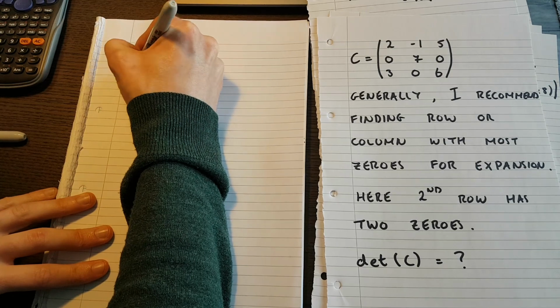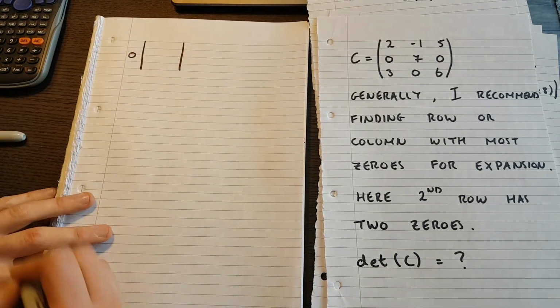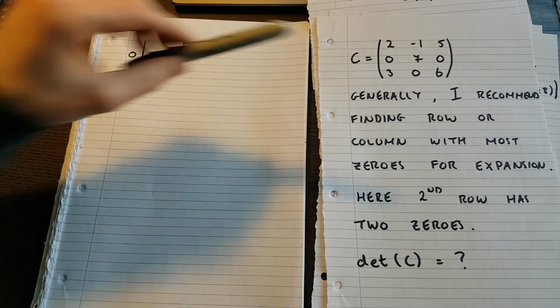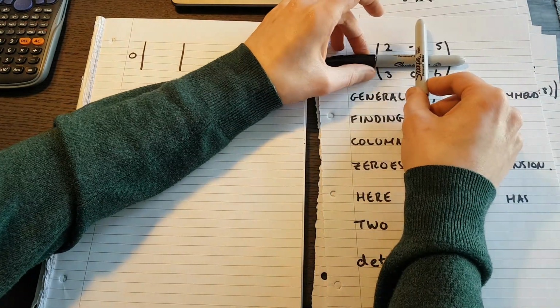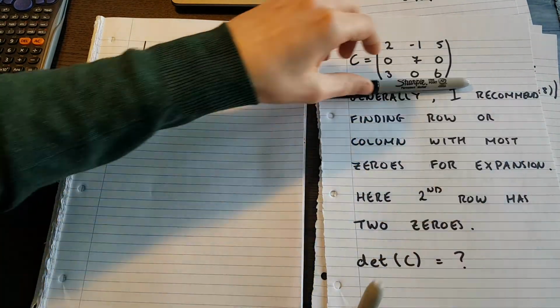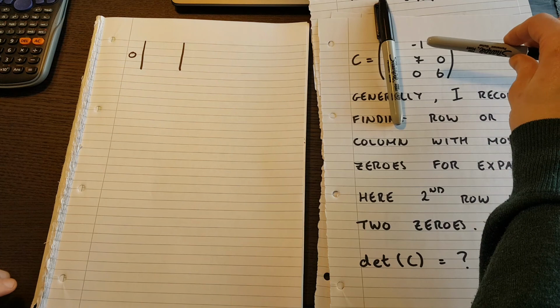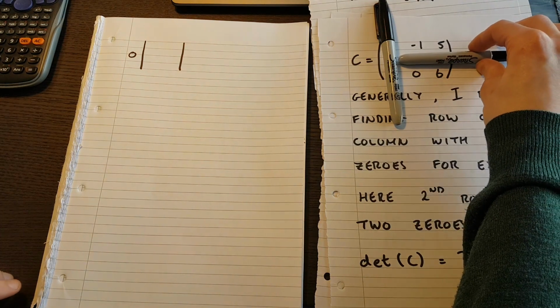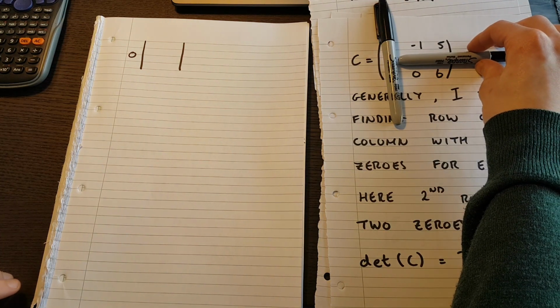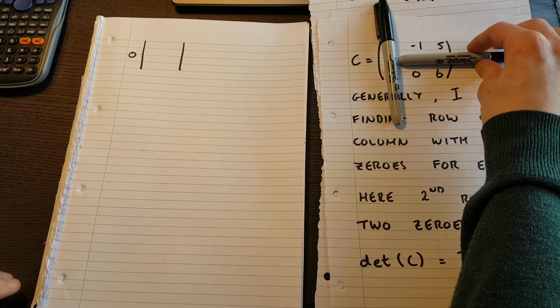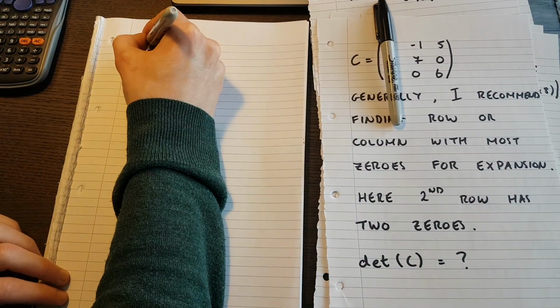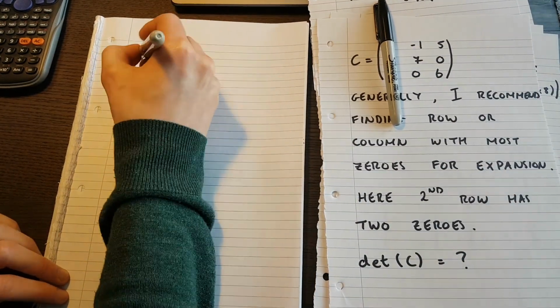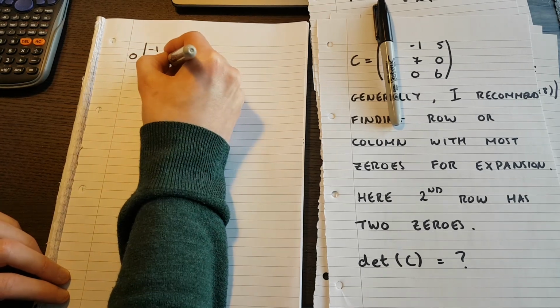And then there's the 2 by 2 matrix determinant that's left when I delete the second row and the first column. So I delete the second row, first column, and we see that I have minus 1, 5, 0, 6.